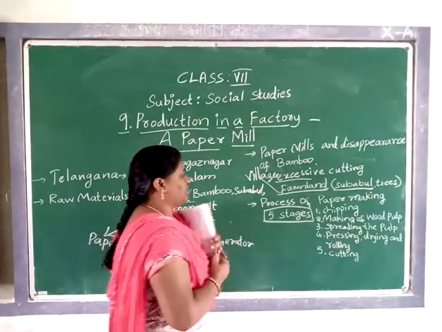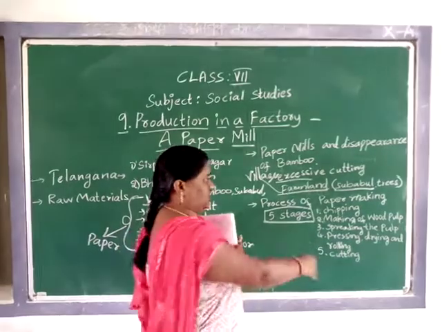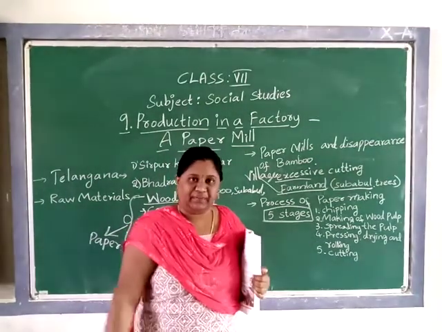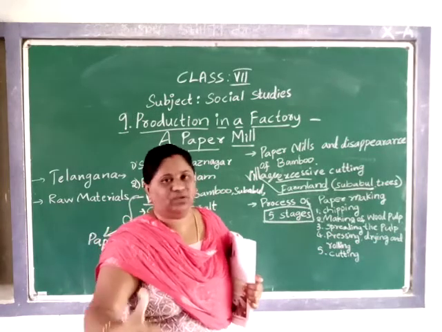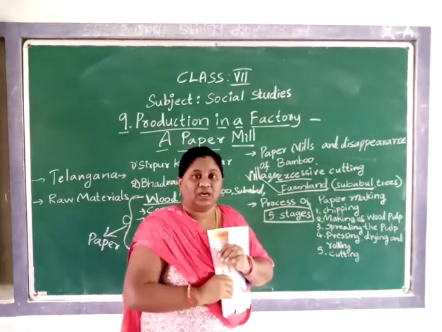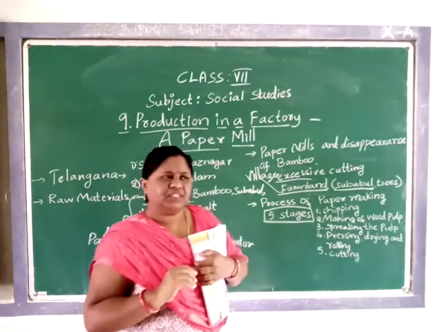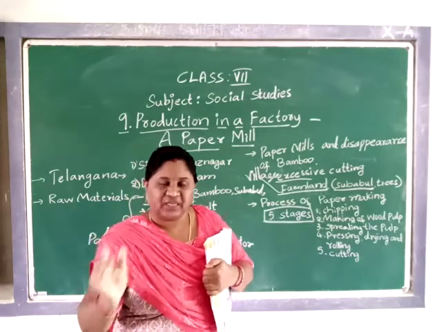And I told you that the process is there in your next topic, how the paper is made. I told you that from bamboo sticks or subabul trees, we are making paper. How? Of course, for everything we make, there is a specific process. Yes or no?